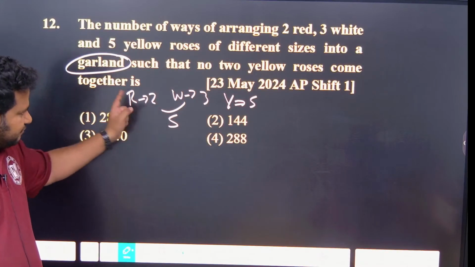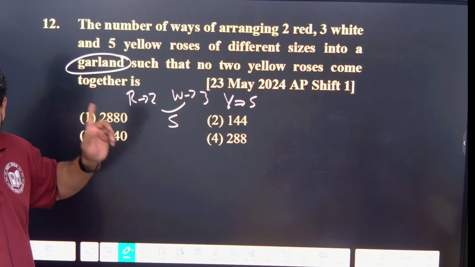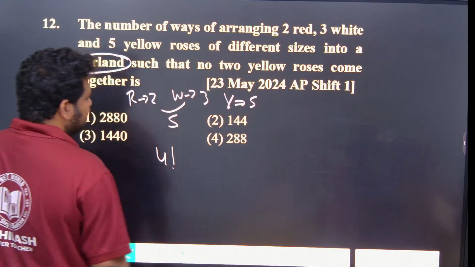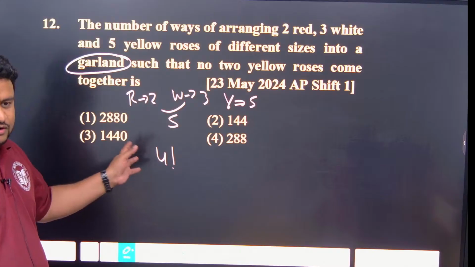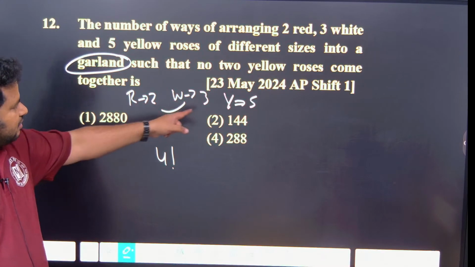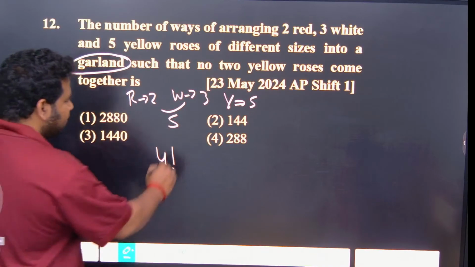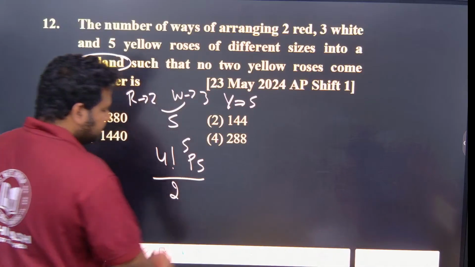So, 5 flowers you have to arrange in circular means you will write it as 4 factorial, n minus 1. Out of that, how many spaces are there? 5. You have to arrange how many yellow roses? 5. So, this will become 5P5. This divided by 2 because it is garland.